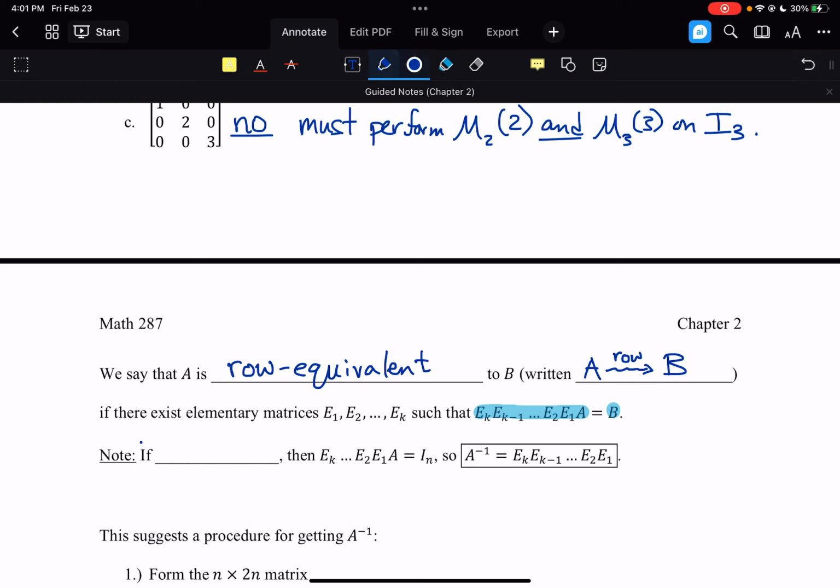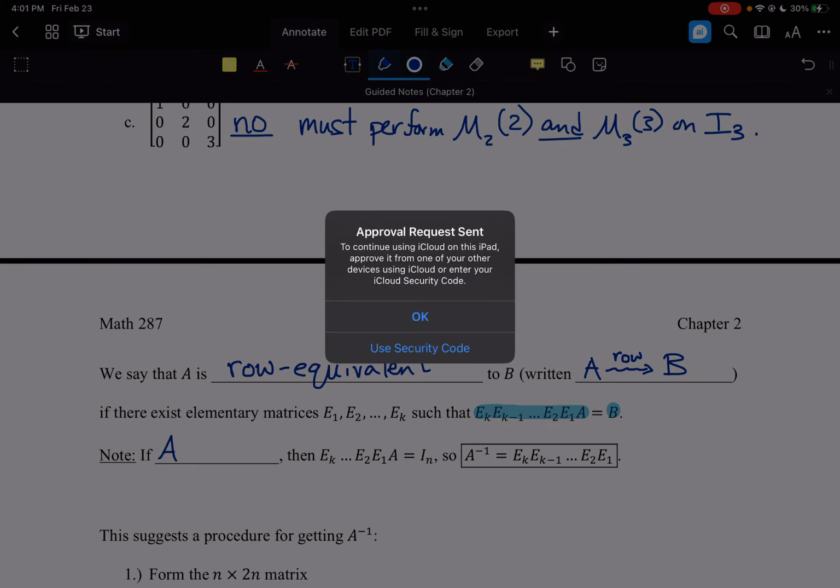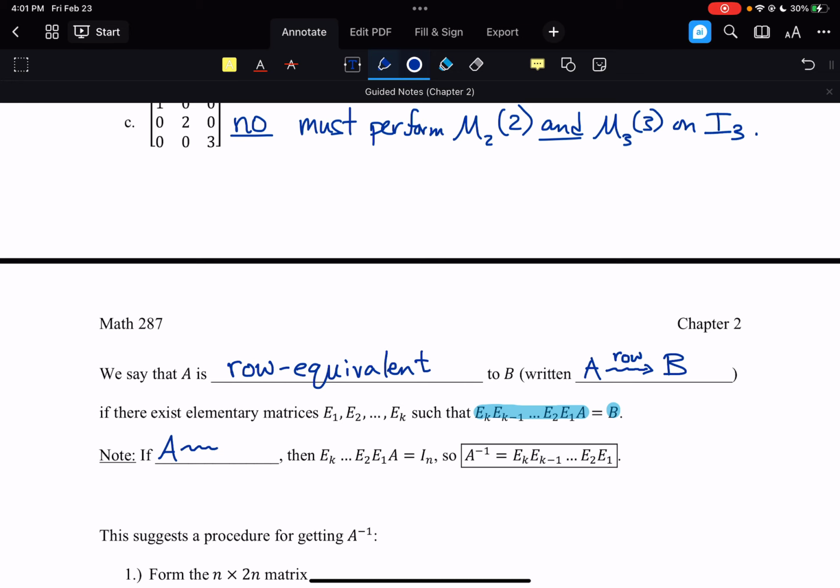Now, if this relationship were to hold with the identity, so if A is row equivalent to the identity matrix, then that means all the elementary matrices applied to A equals the identity.